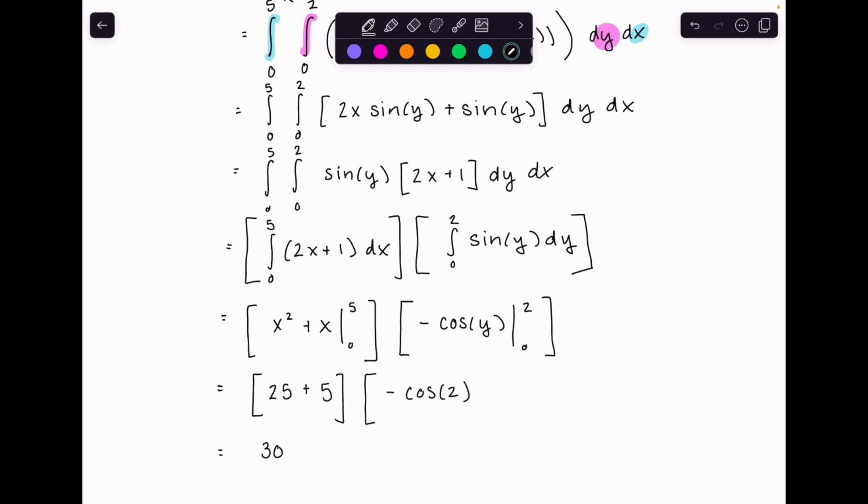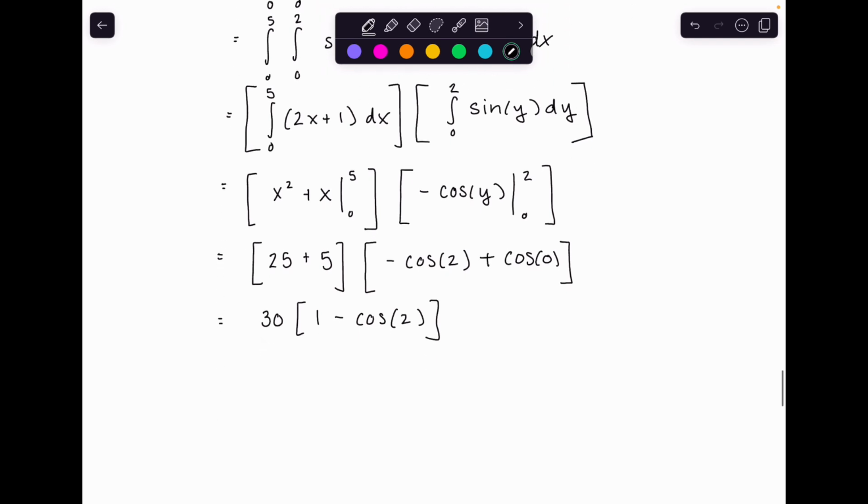No idea what that is, so I have to leave that alone. And then minus cosine of 0, which is 1. So this ends up being 30, and then I'm going to rearrange that a bit, put the 1 first, and then minus cosine of 2. So again, a single double integral as opposed to dealing with 4 separate line integrals. But it only works because this is a closed region.